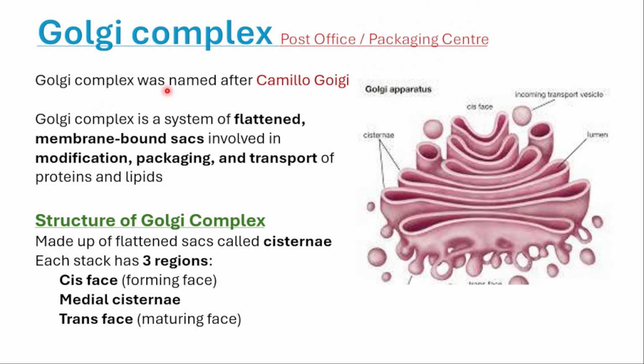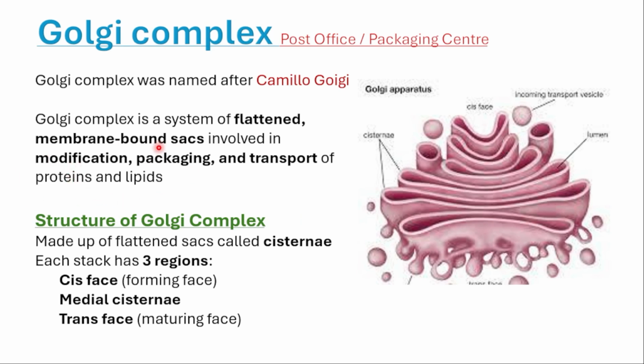So the Golgi complex was named after Camillo Golgi. Camillo Golgi discovered the Golgi apparatus, so the organelle name itself is given Golgi. The Golgi complex is a system of flattened membrane bound sacs involved in modification, packaging and transport of proteins and lipids.